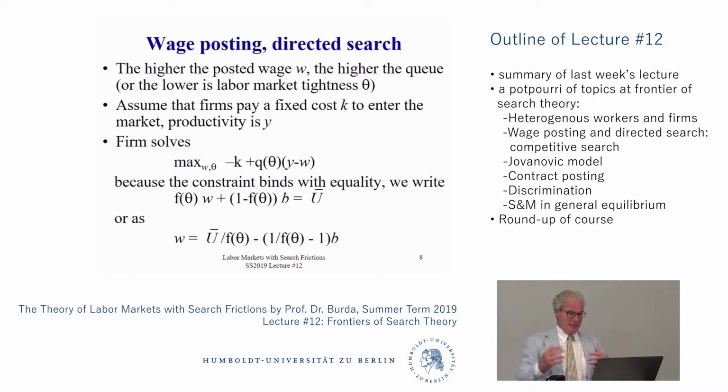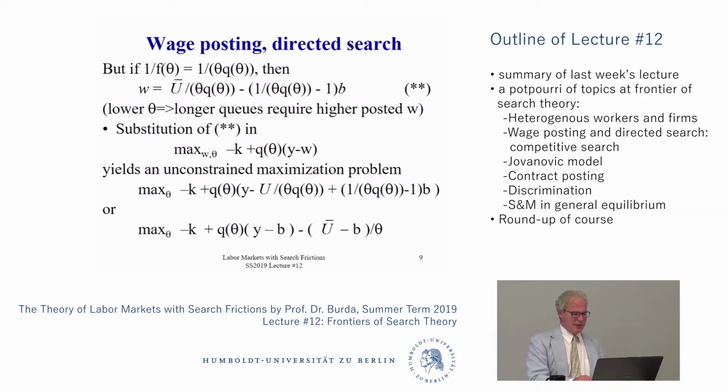Okay, that's clear. But you're going to pay a lot more than you probably would have to achieve the fallback utility U bar. So a firm wouldn't necessarily do that. And in fact, it's kind of choosing the number of applicants it's going to have to process by its choice of wage.